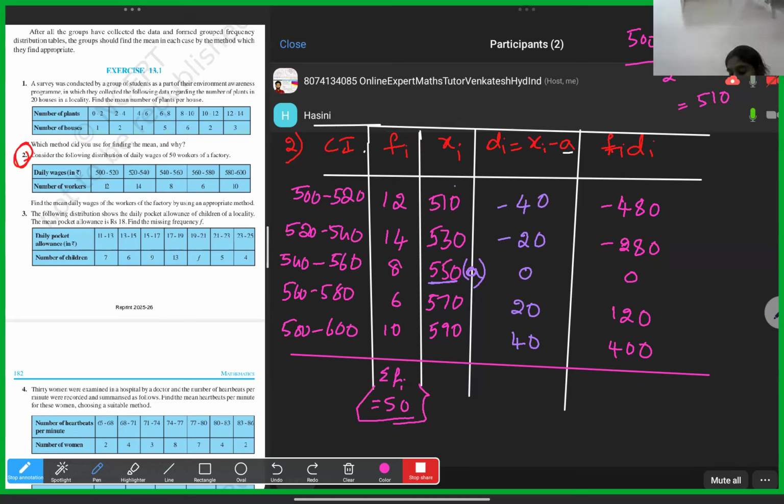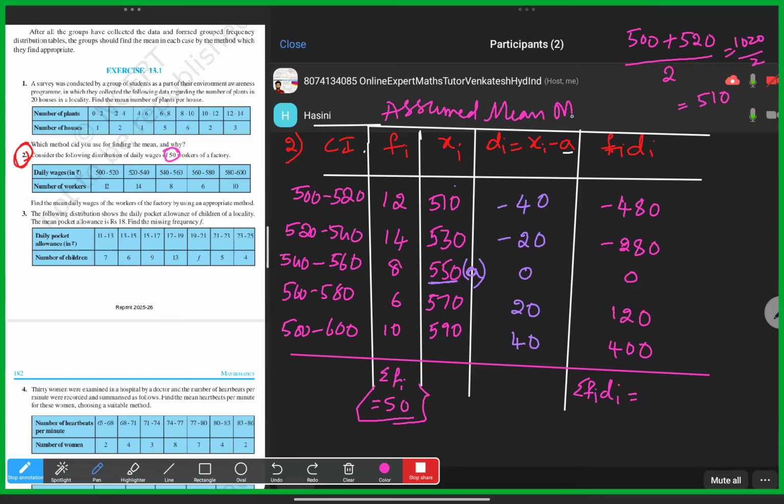Because they already said in the question that there are 50 workers, if you add, you get 50 only. The frequency column tells us the number of workers. Now sigma fi di. I haven't told the formula yet, Hasni, but anyway we require sigma fi di, like how we required sigma fi xi before in the direct method.